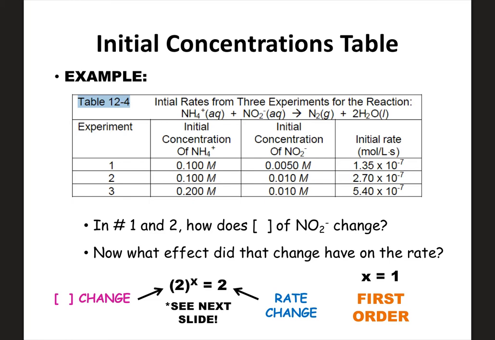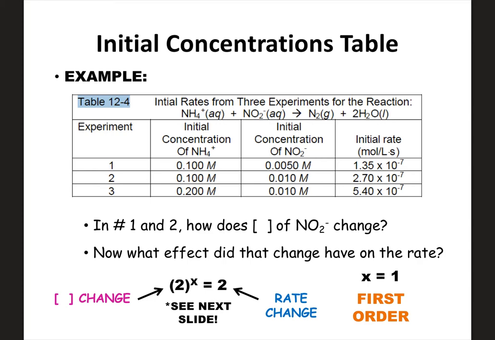I do need to show you more about the math on the next slide, but if you're just doing this in a multiple choice question and trying to figure it out quickly, this is how you can do it, and you don't really need to show much work. When you need to show work, I'll show you how that looks on the next slide. Basically, you always have your change in concentration raised to the power and set equal to whatever happened to the rate change.